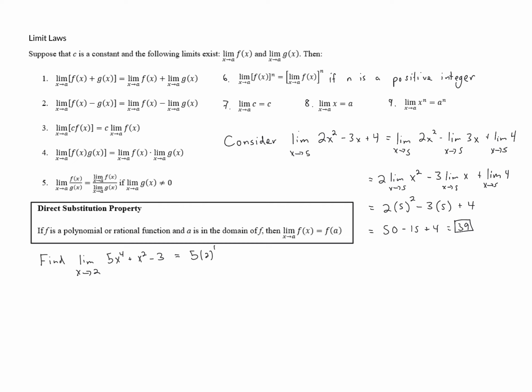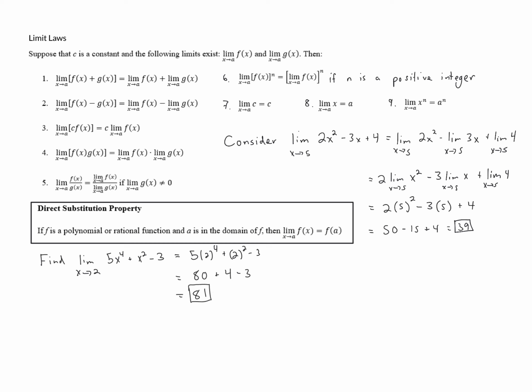So that's 5 times 2 to the fourth plus 2 squared minus 3. 2 to the fourth is 16. 5 times 16 is 80. And then plus 2 times 2 is 4 minus 3. And so that's going to be 81 in total.